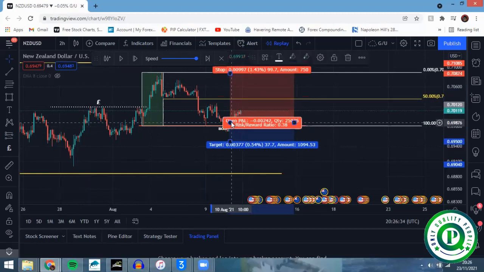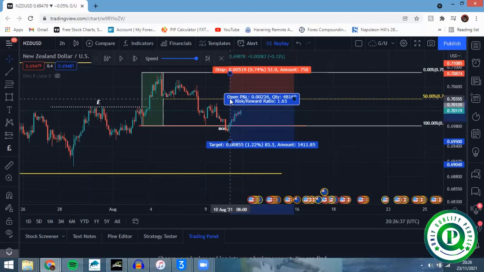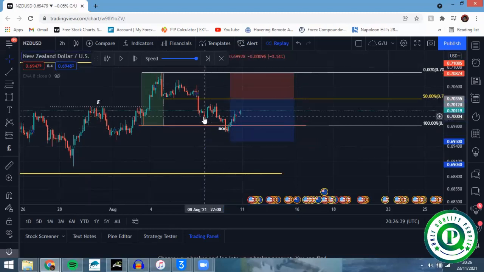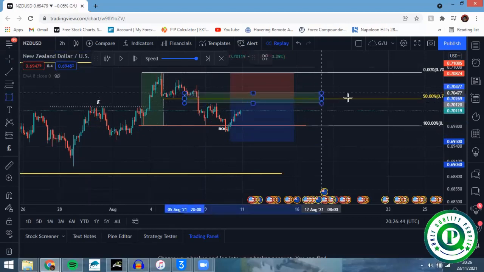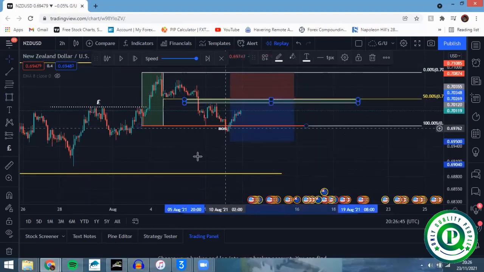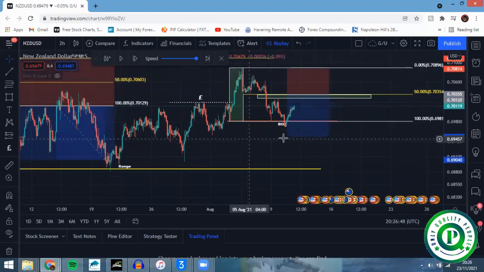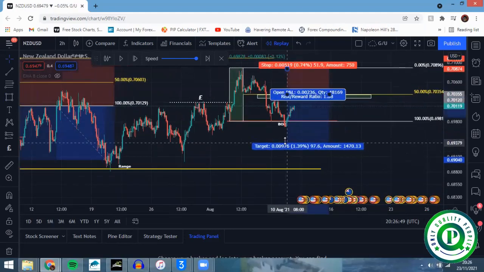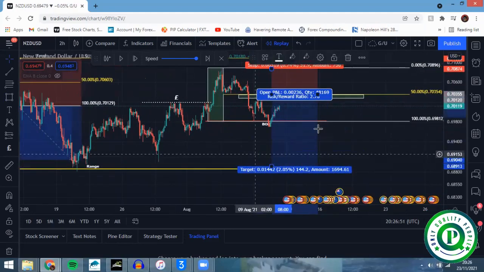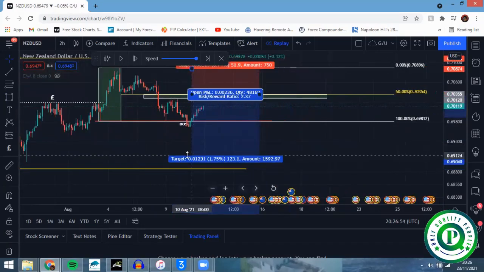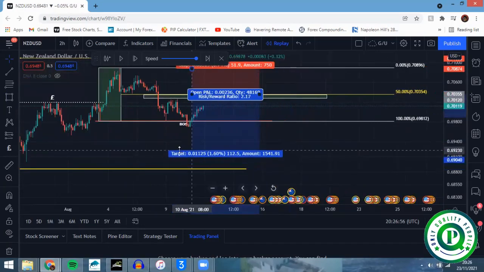This time around, I'm going to put it on the 50%, just because of that BOS, I do believe that price is going to come here. Plus, we have a little bit of imbalance right here. I'm sure some of you guys know about imbalance, and I'd be looking maybe to take this for 2 to 1.